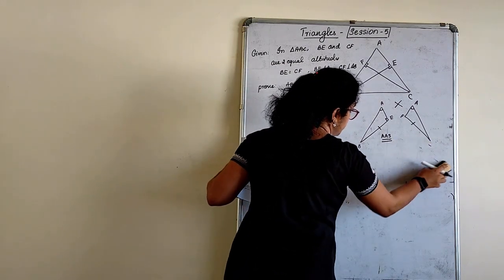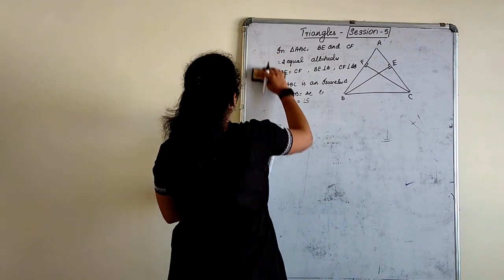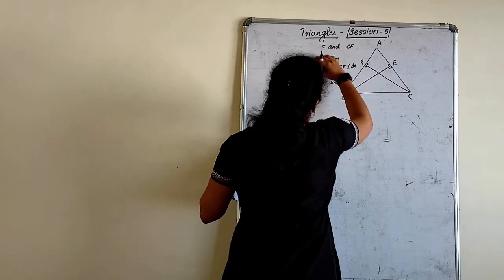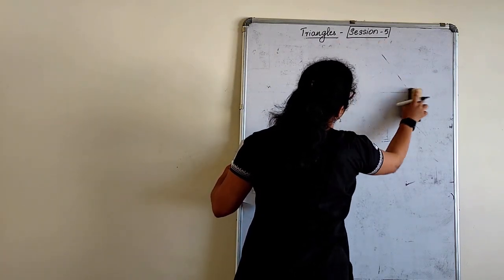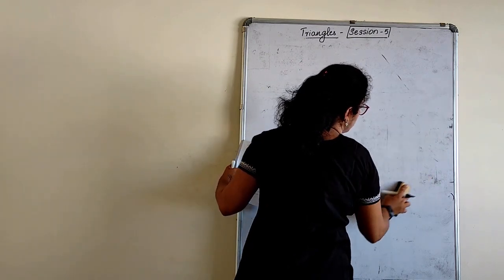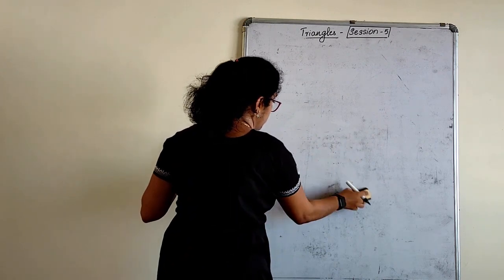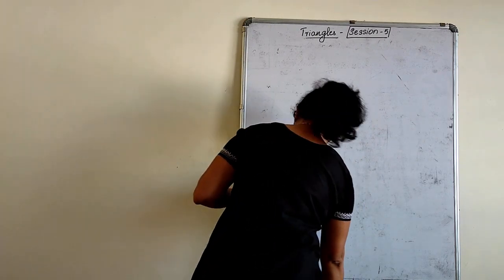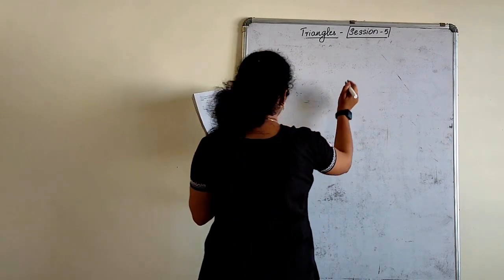It's the similar part. ABC is an isosceles triangle.